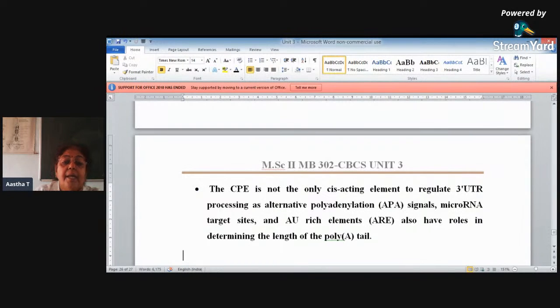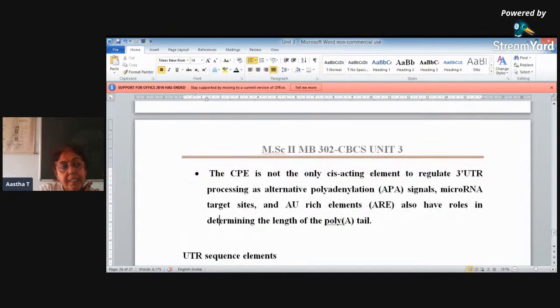CPE is not the only cis acting element to regulate 3' UTR processing, as alternative polyadenylation signals, microRNA target sites and AU rich elements, they have all the role in determining the length of the poly A tail. फक्त CPEच नाहीये, सायटोप्लाझमिक पॉलीएडेनिलेशन एलिमेंट फक्त हे काम करत नसतो पण देर आर मायक्रो RNAs ऑल्सो किंवा अनट्रान्सलेटेड रिजन्स मध्ये काही असे रिजन्स आहेत AU रिच एलिमेंट्स हे सुद्धा त्याच्यात पॉली ए टेल किती आणि कुठे एक्सटेंड व्हावी याच्यासाठी रिस्पॉन्सिबल असतात.